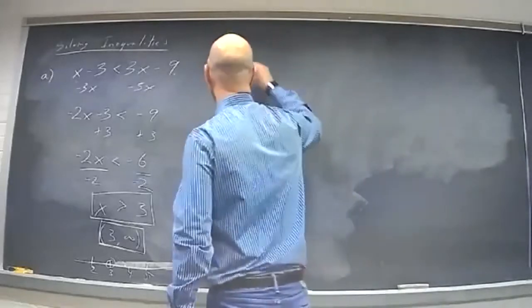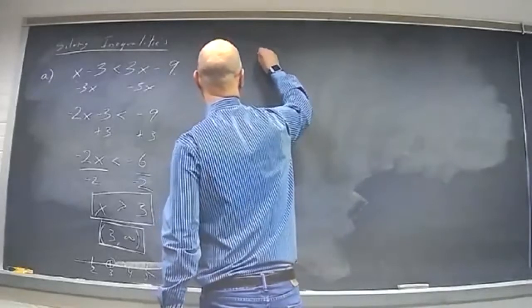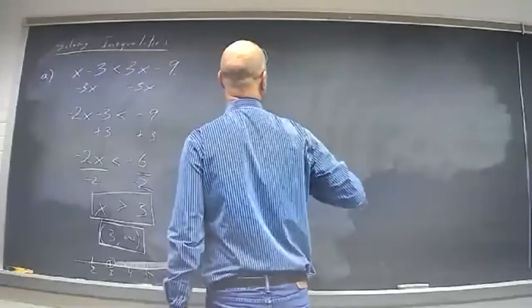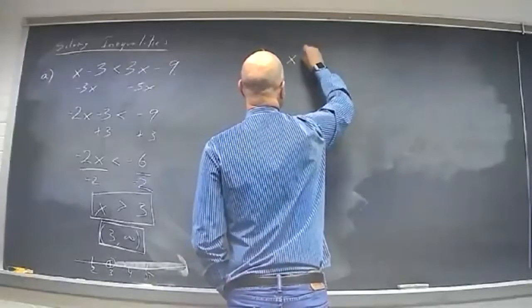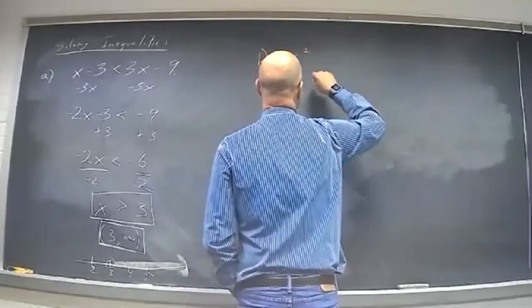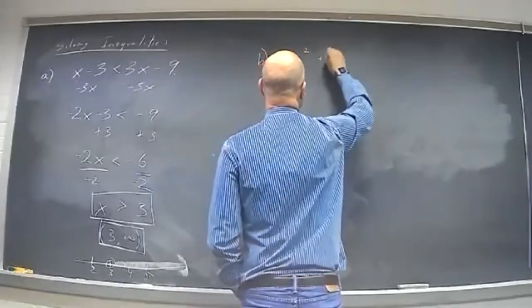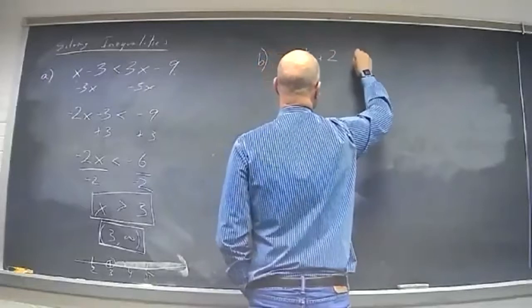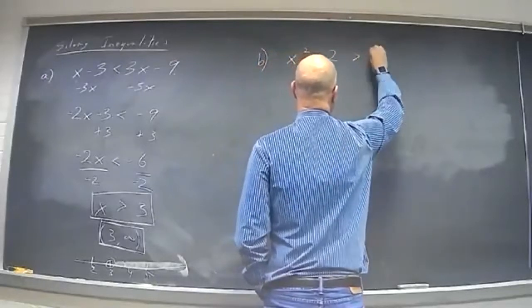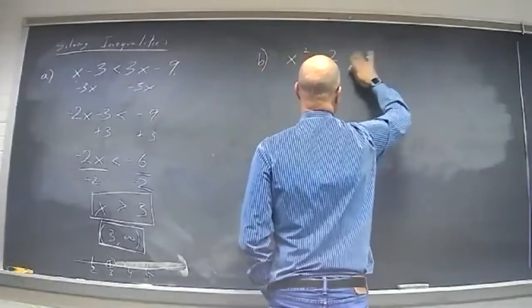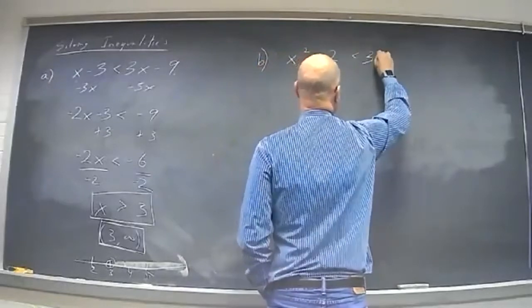All right, let's try something a little bit more interesting. How about x squared plus 2 is less than 3x.